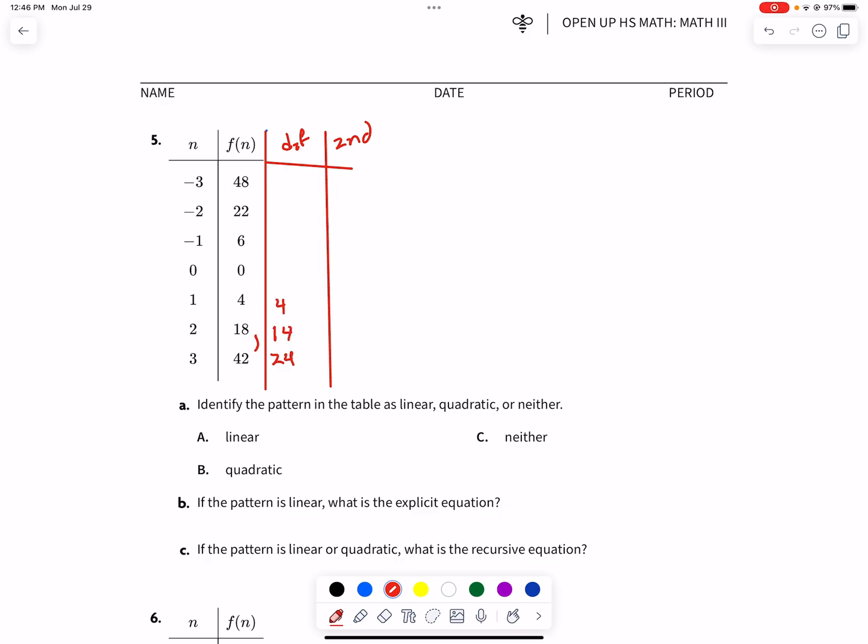Looks like the second difference is going to be a nice number. What about this? 6 to 0, negative 6. Ah, this is, it turns out, a quadratic where the vertex is not at a whole number. If the vertex is at a whole number, we have a nice symmetry in the answers, in the differences.